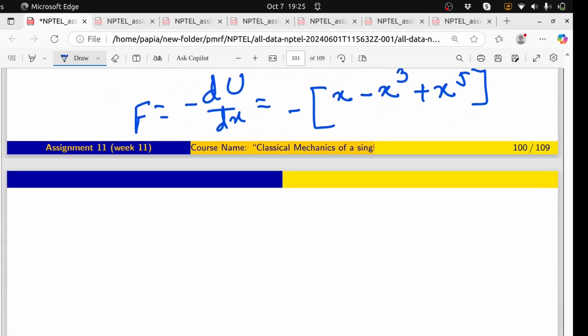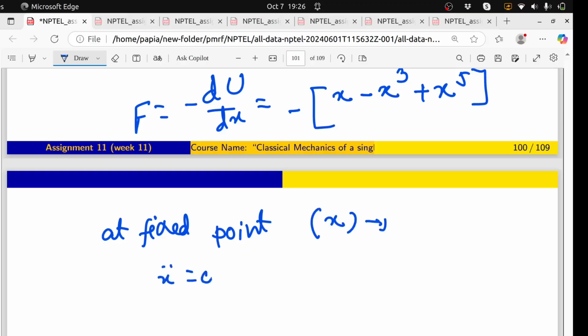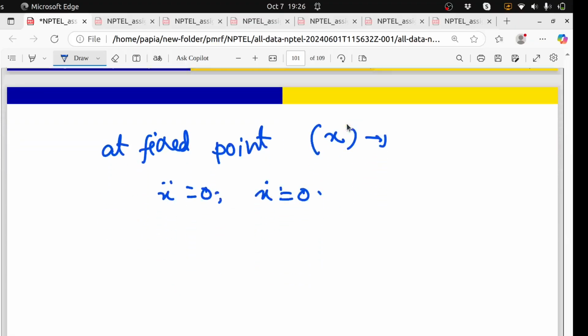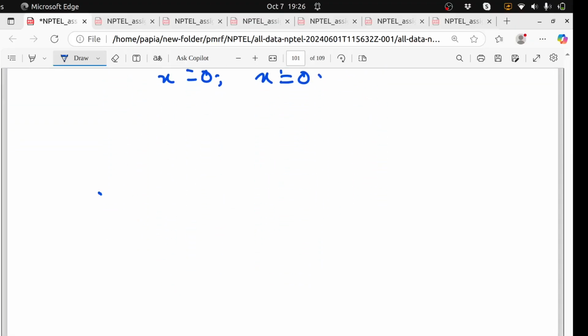So at a fixed point, let's say I am writing here, x double dot will be 0 and x dot will also be 0. So x double dot means F, that will be 0. So that means x minus x cube plus x to the power 5 is 0.